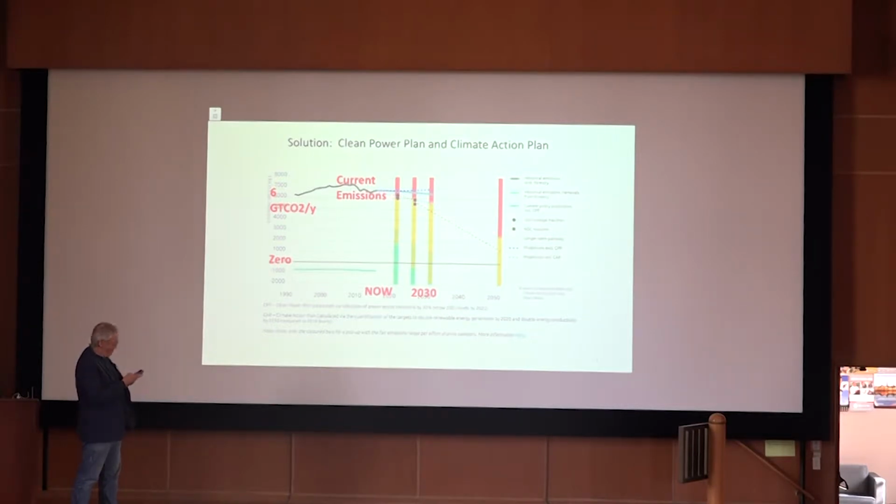And so, if we push this button, our NDC for the Paris Agreement is right there. The long-term goal is right there, which is about 80% less than we currently have, but not net zero. The Clean Power Plan is the little gap between the dashed blue line and the light blue line.